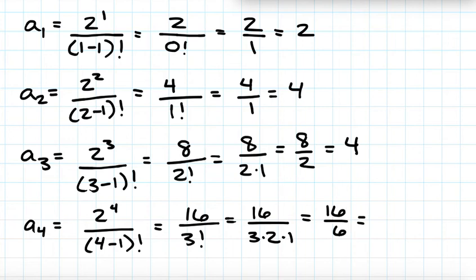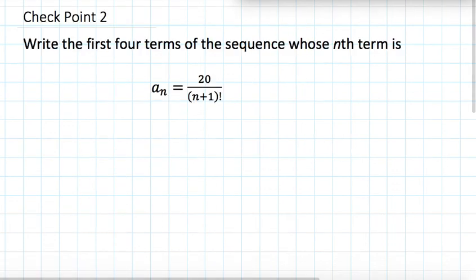Now, if I enter 16 over 6, it's going to be marked wrong because that fraction is not simplified. So you need to simplify any fractions. 16 over 6 is 2 times 8 over 2 times 3. So I can simplify that to 8 over 3. So that would be the fourth term. So next you should do checkpoint problem number 2. Do this in your notes, check your answer, and then move on to the homework.